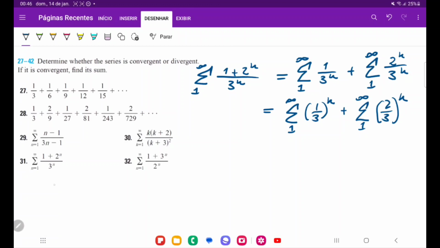So we have to remember that a geometric series, let me write this down. So a geometric series is of this form here.